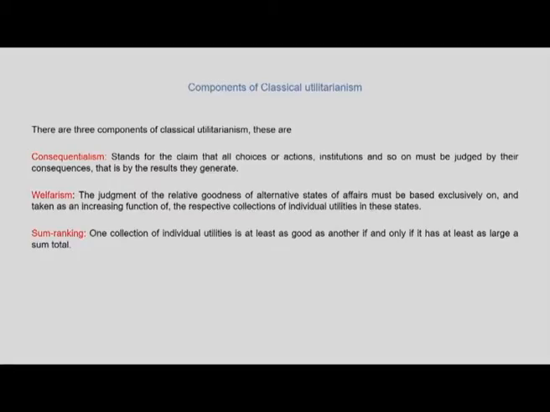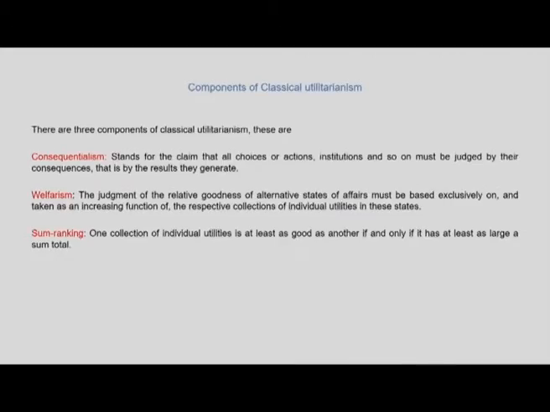The second component of utilitarianism is welfarism, and this component refers to the judgment of the relative goodness of alternative states of affairs, which must be based exclusively on, and taken as an increasing function of, the respective collections of individual utilities in these states. The component of welfarism does not pay any direct attention to things such as fulfillment or violation of rights and duties. When welfarism is combined with consequentialism, we get the requirement that every choice must be judged by the respective utilities it generates.